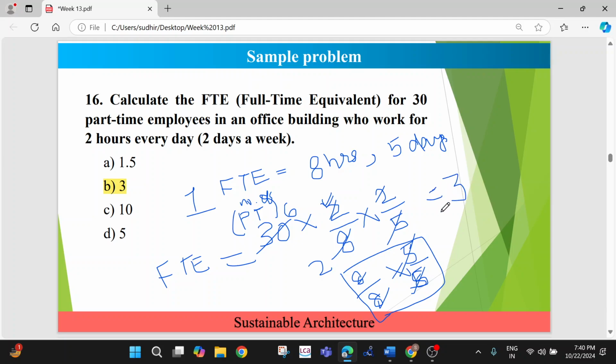We are considering 5 days a week. Yeah, 5 days a week for full-time employees. Now, what happens is that somebody can consider 6 days a week, so the question may be misguiding sometimes.